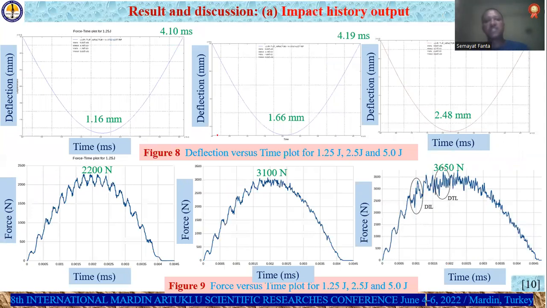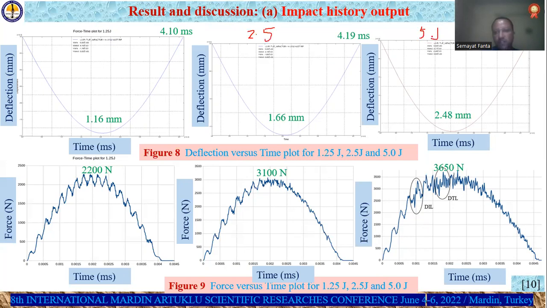The result of the test can be expressed in terms of history output and field output. So these are the history outputs from the current model. The history outputs are represented as deflection versus time curves for 1.25 joule, 2.5 joule, and 5 joule.